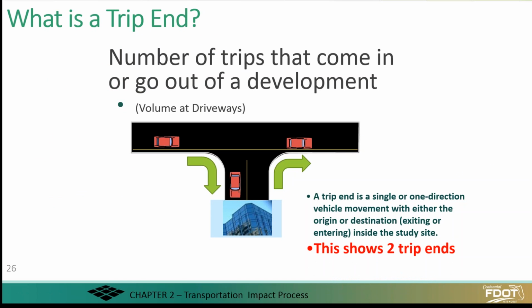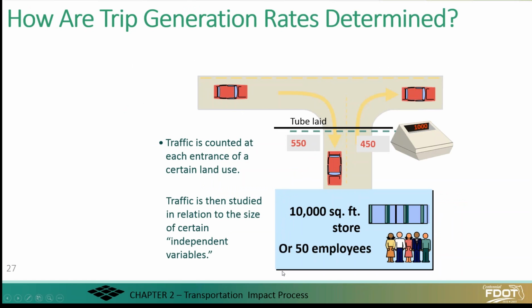A car going into a driveway, that's one trip, and a car leaving that establishment, that's another trip. So as you can see, this shows 2 trip ends. And how do we count these trip ends? A tube is laid at the entrance of the land use or driveway.